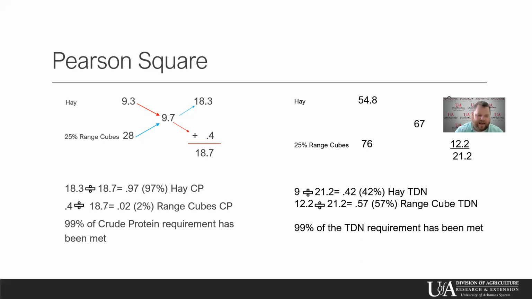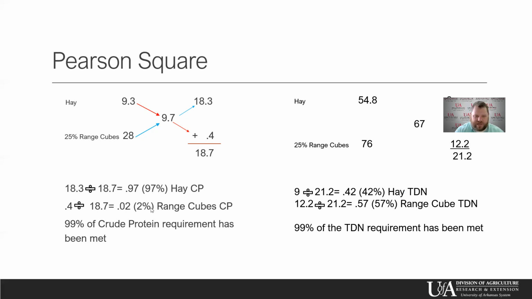You divide the difference by the total. So we divide 18.3 by 18.7, and we get 0.97. In a percentage, that means this mix needs to be 97% hay to meet our crude protein. 0.4 divided by 18.7 gave us 0.02.